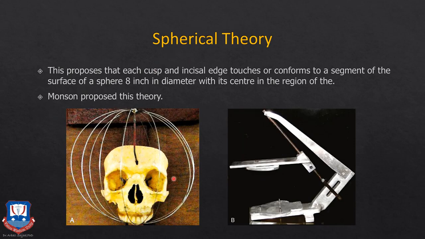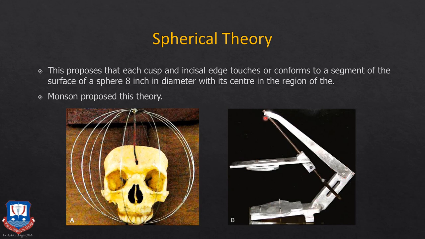So this theory suggests that each cusp and incisal edge of all the teeth of the upper jaw, that is the maxilla, conform to a segment of a sphere which is 8 inches in diameter with its center over the glabella. And he also made an articulator which is known as Monson's articulator.